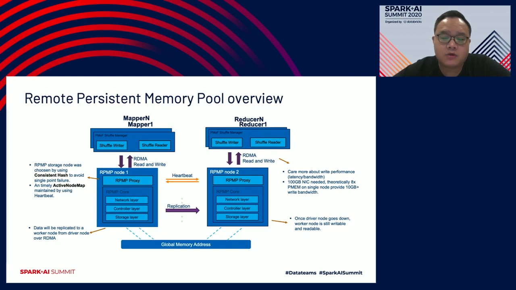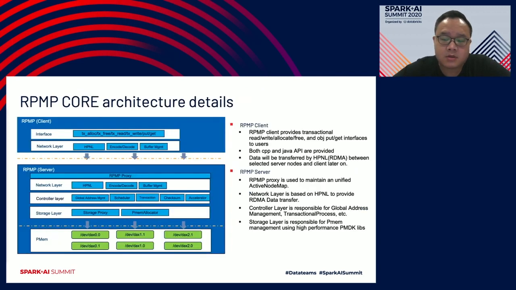Once the driver node goes down, the worker node is still writable and readable because of the distributed design. So the RPMP client provides a transactional read-write allocator-free API and a put-get interface to the user.